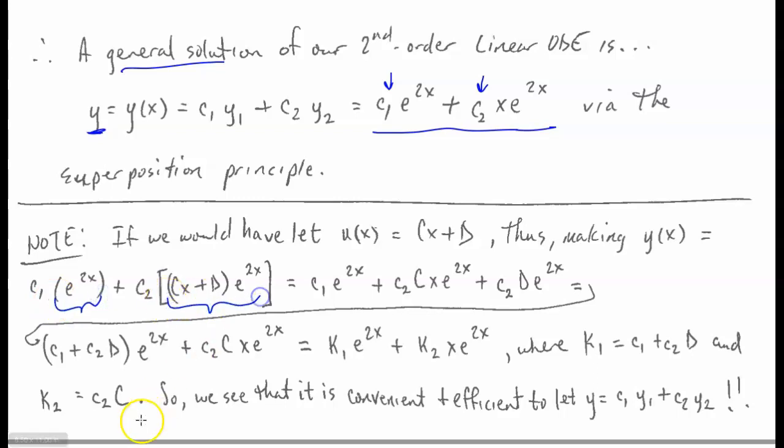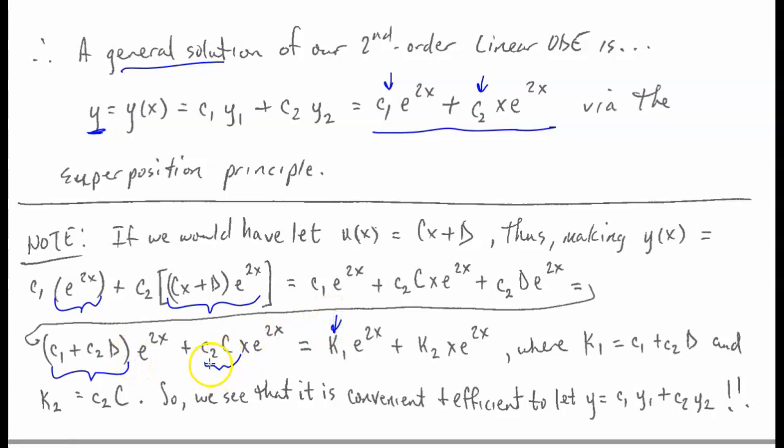All of this ends up being our y2. And of course, if I go ahead and work it out, do you see how I eventually get to a point here to where I have this constant times e raised to the 2x plus this constant times x times e raised to the 2x? And of course, C1 plus C2 times d, all that's a constant. So it really doesn't matter what I call it. It's just going to be a constant.